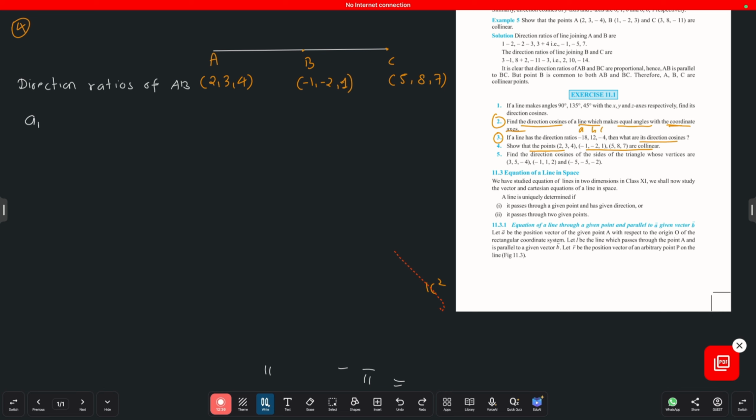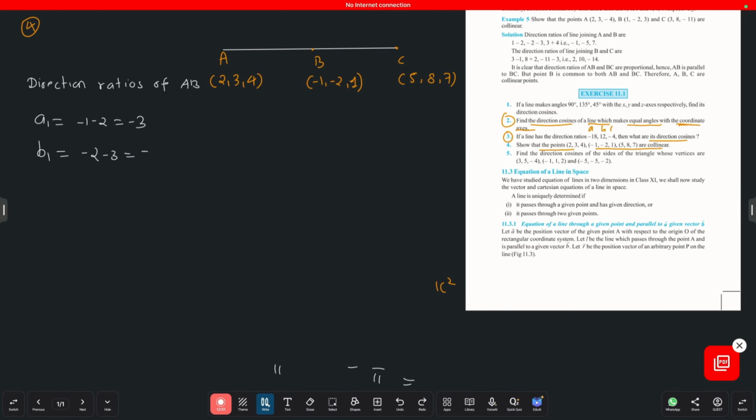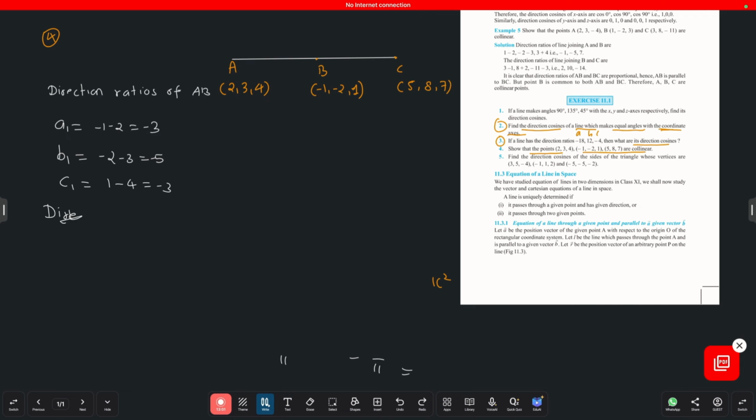What are the direction ratios? I can say A1 is -3, B1 is -5, and C1 is -3. Okay, and the direction ratios of BC.